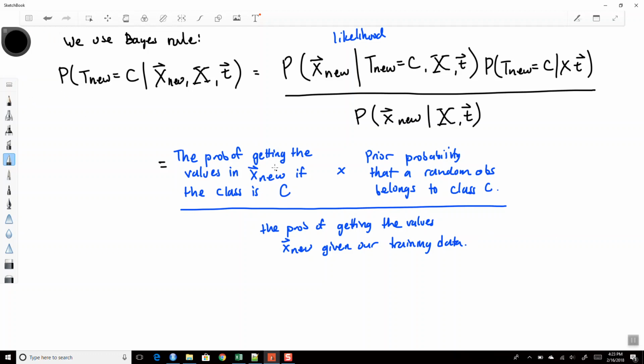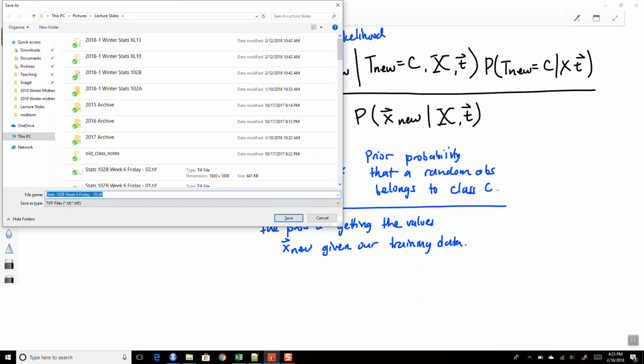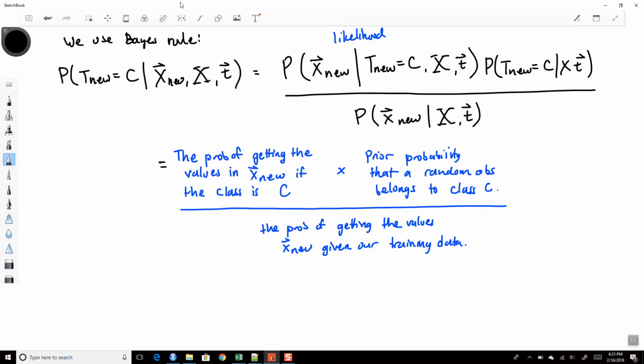So we ask, what's the probability of getting the values in x new if we know that the class is from class C? And this bottom term, the probability of x new, is just a normalizing constant.